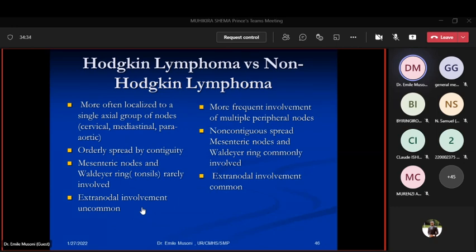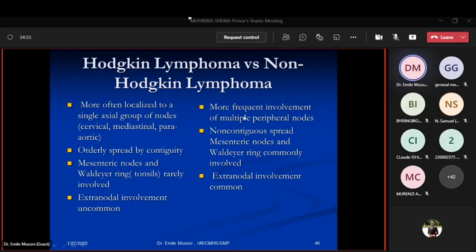So here there is a comparison between Hodgkin lymphoma and non-Hodgkin lymphoma clinically. Hodgkin lymphoma is more often localized to a single axial group of nodes, for example the cervical only, or mediastinal or parotid.